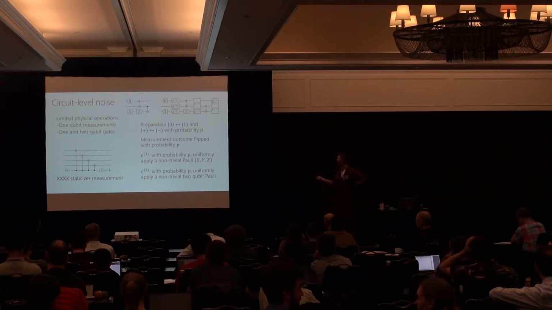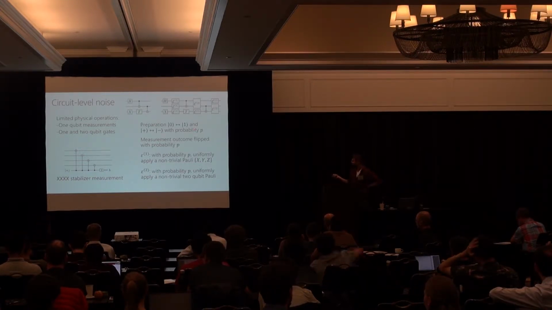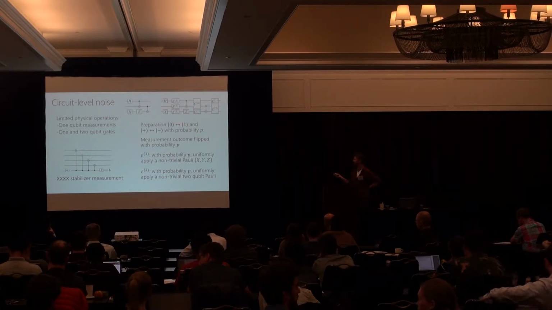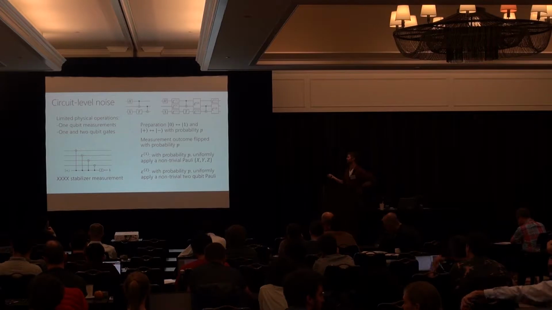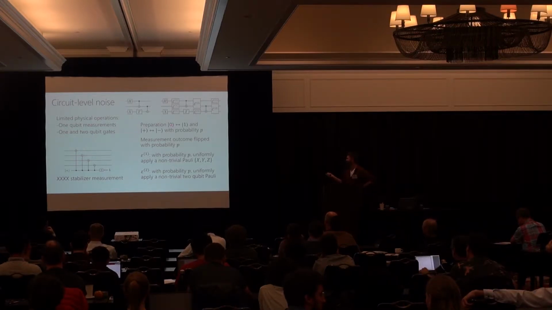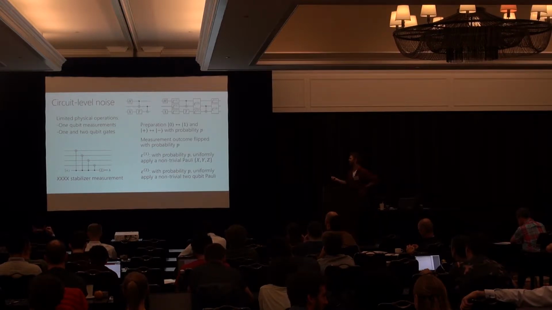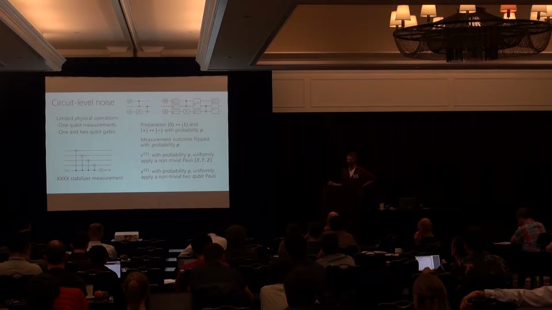The rules are as follows. Any preparation of a state will flip with some probability p, and when I say flip, if you prepare in 0, it'll go to 1, and if you prepare in plus, it'll go to minus, etc. Any measurement outcome that you obtain from a single qubit measurement should also flip with probability p.